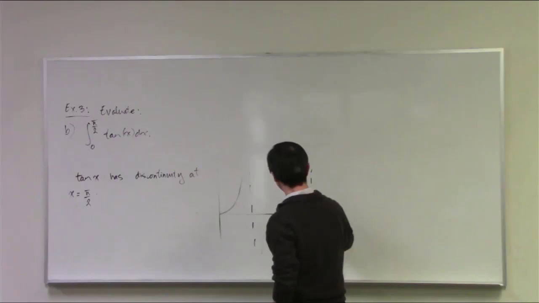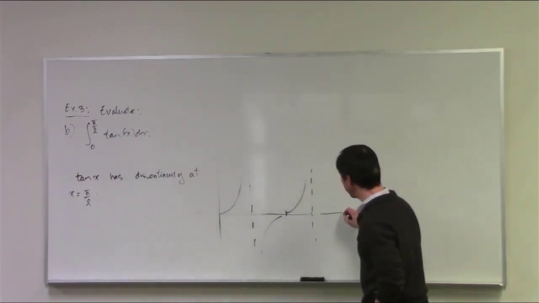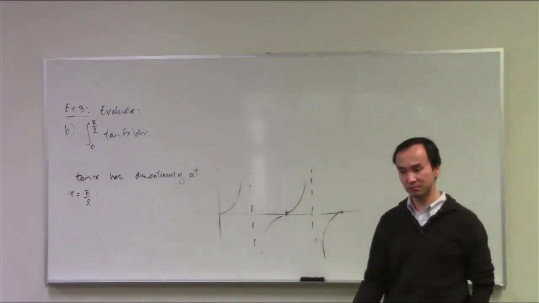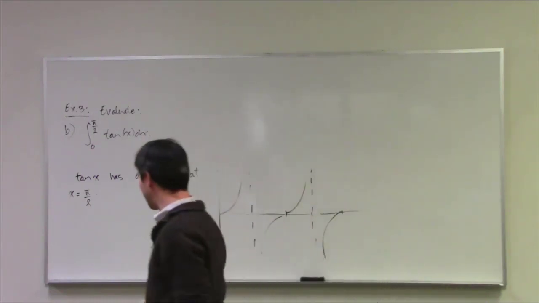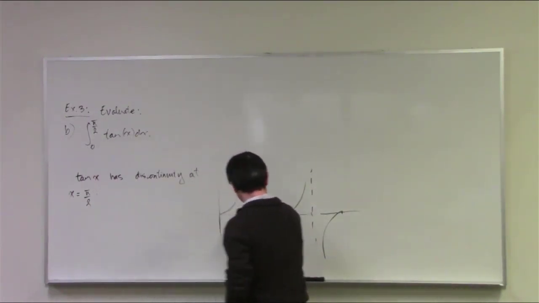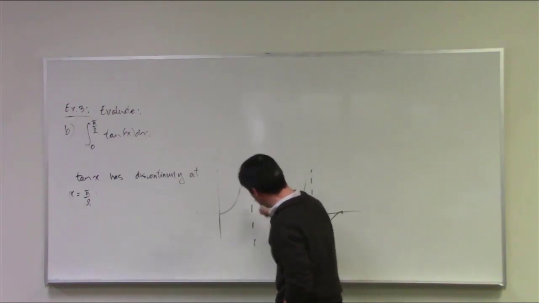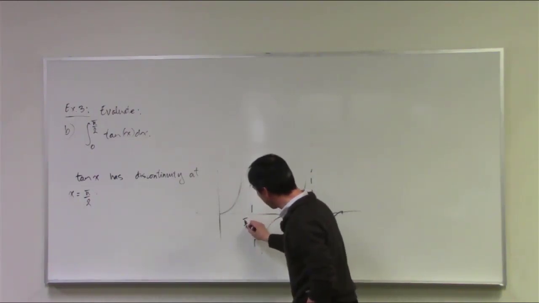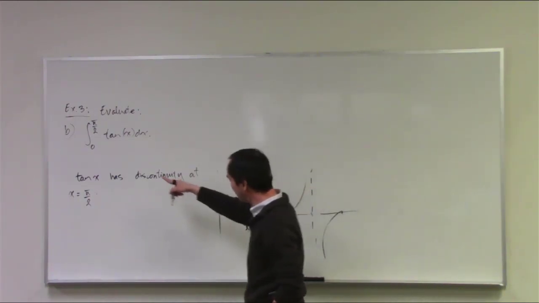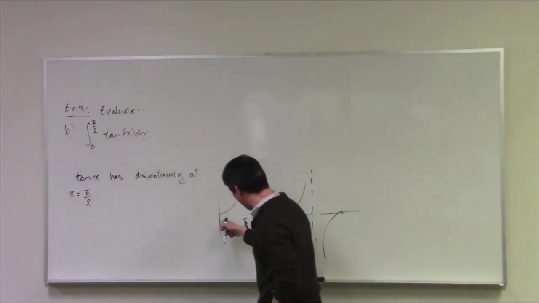You guys still remember that from trigonometry? At least for one complete unit circle, tangent makes 2 periods. And so at pi over 2, we got the discontinuity. And so the interval of integration in here is from 0 to pi over 2, right?